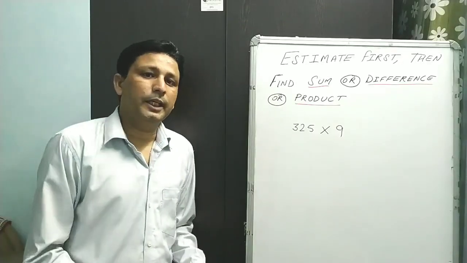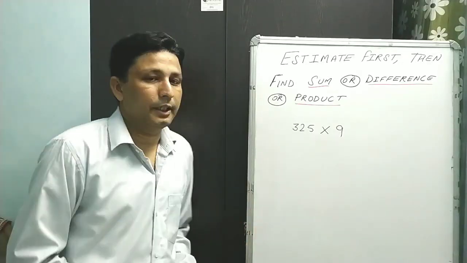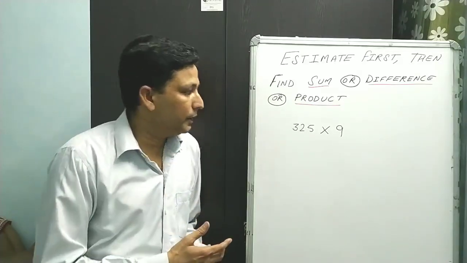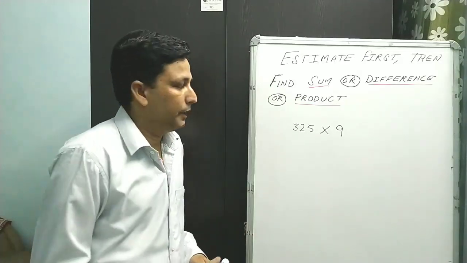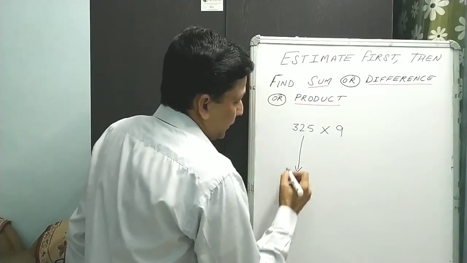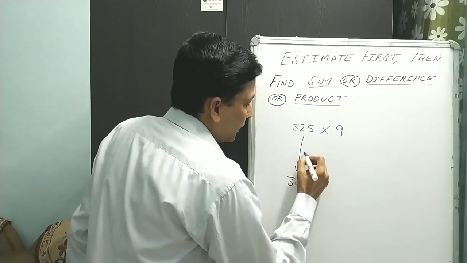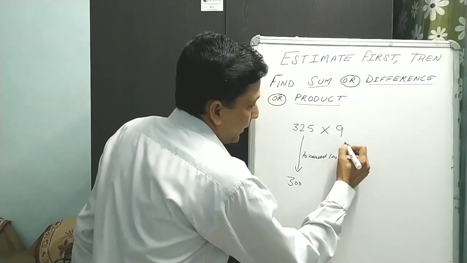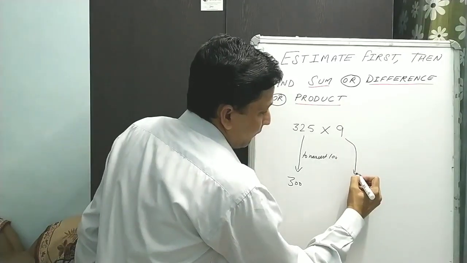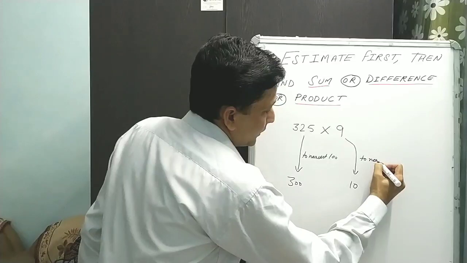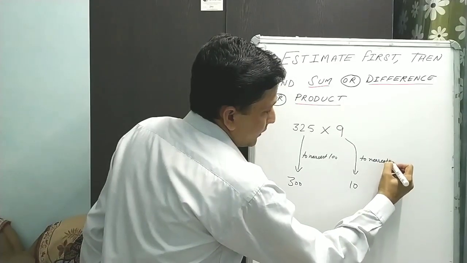Now here you can see that there are two integers and they are in multiplication form. So first of all we estimate the integers, then we multiply. Here I will convert into 300 by using nearest 100, and this 9 will convert into 10 by using nearest 10.